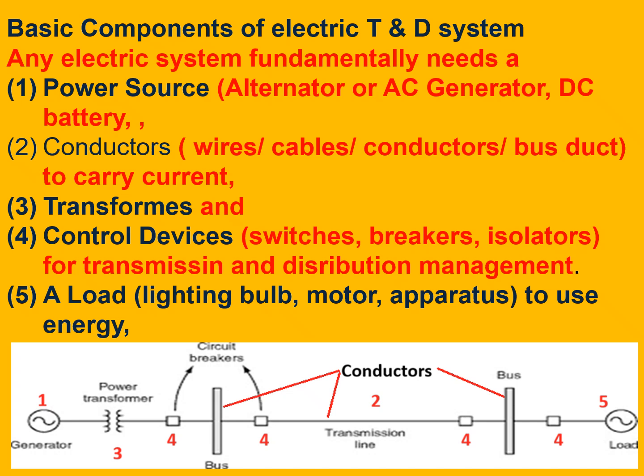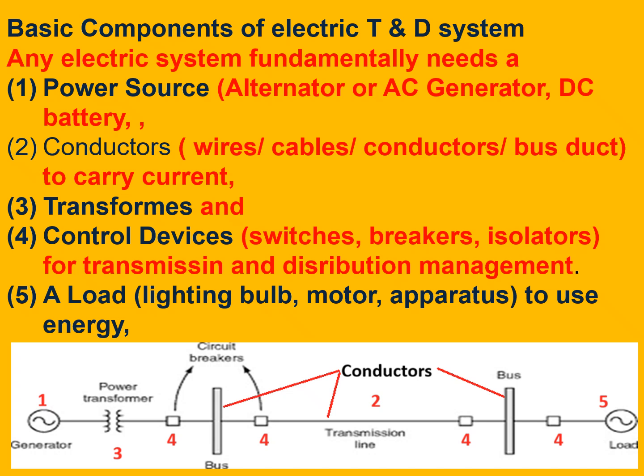At the bottom, I have shown all these essential components. We start from a generator and go up to load, and in between, the conductors are coming. Bus conductor, buses, overhead conductors. Then the third item is the power transformer represented by this symbol. It will be at several levels from here to here.